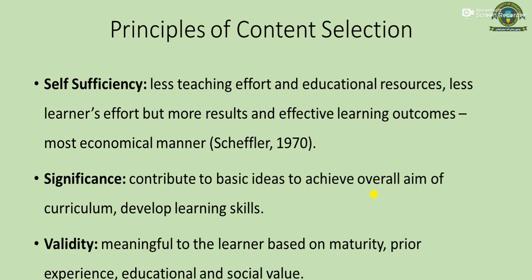Now there are the principles of content selection. The first principle is self-sufficiency. Self-sufficiency means the content should be self-sufficient, requiring less teaching effort and fewer educational resources, less learners' effort, but giving more results and effective learning outcomes in the most economical manner.